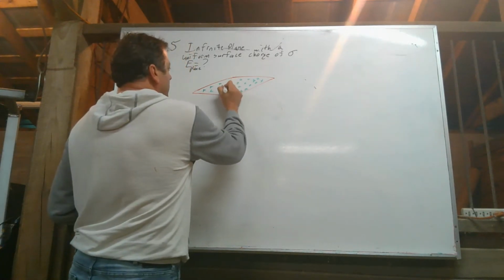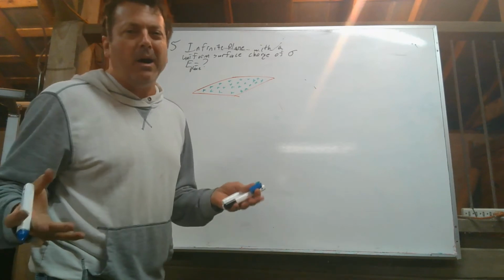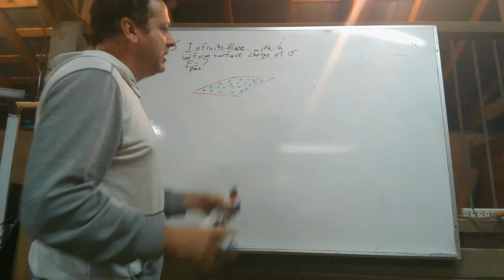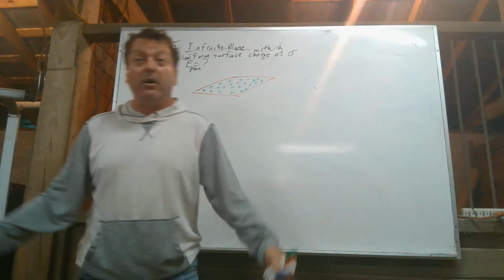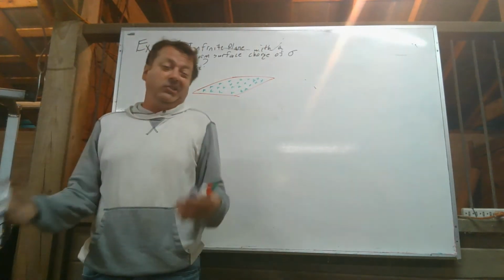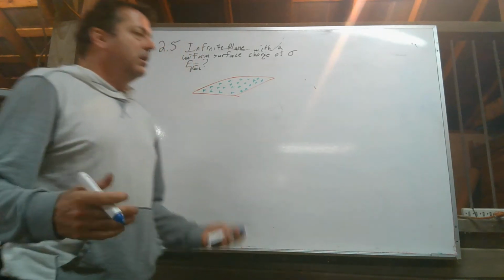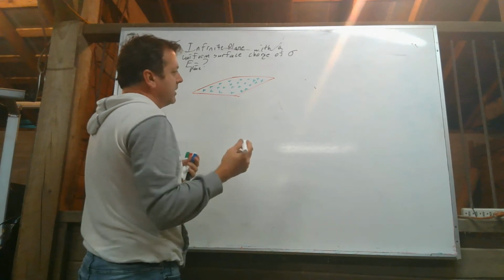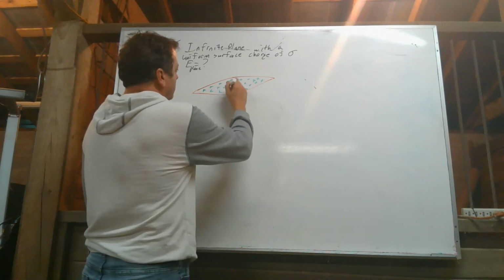We're going to draw what they call a Gaussian pillbox. The book does a rectangle because that matches the symmetry. If it's infinite, do you care? Do you know if it's rectangular or circular around the edges? You don't know. So I'm just going to draw the pillbox.